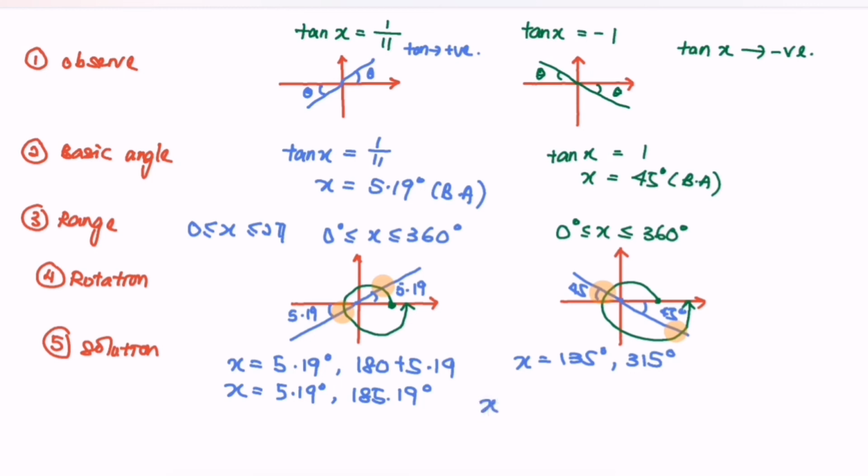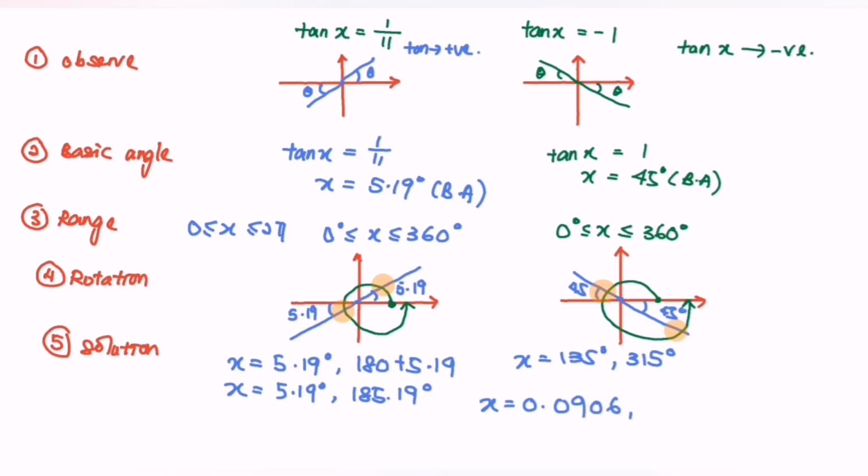So x will be equal to, for 5.19, after we multiply with pi and divide by 180, we will have 0.0906 radians. Then followed by 135, multiply with pi and divide by 180, and we will have 3 pi over 4.